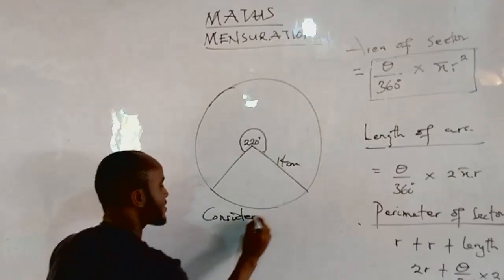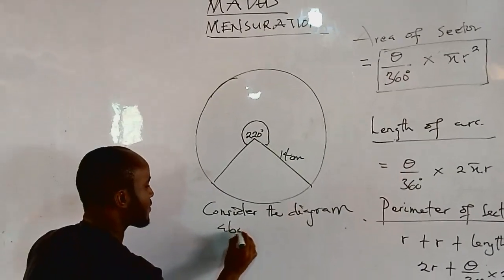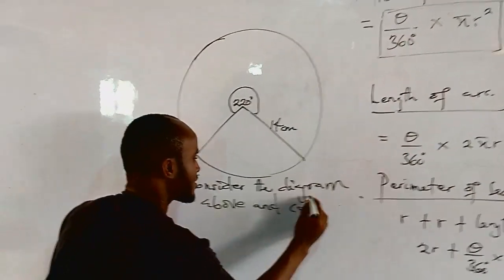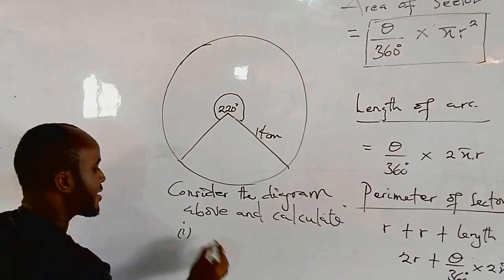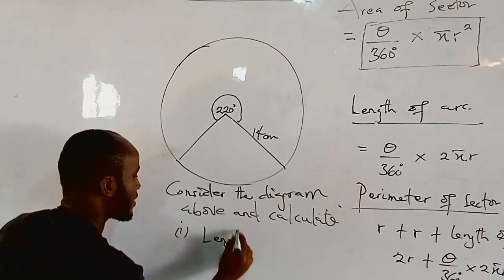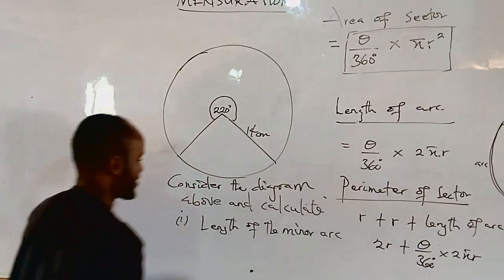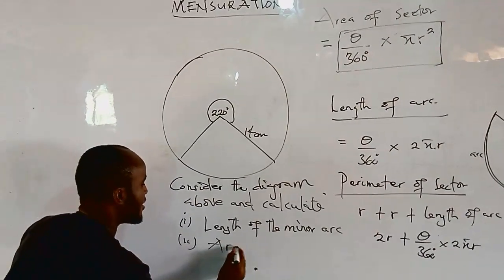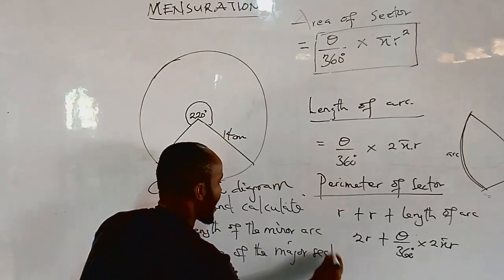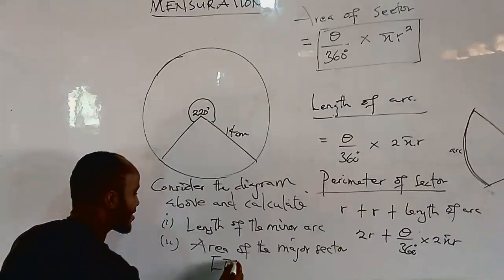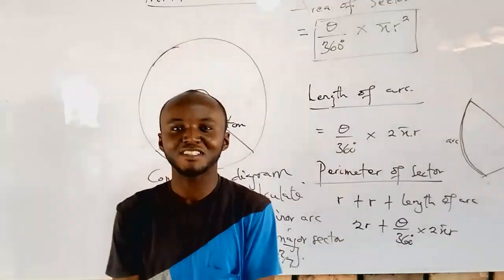Consider the diagram above and calculate: one, the length of the minor arc; two, the area of the major sector, and take pi to be 22 out of 7. That's your assignment.